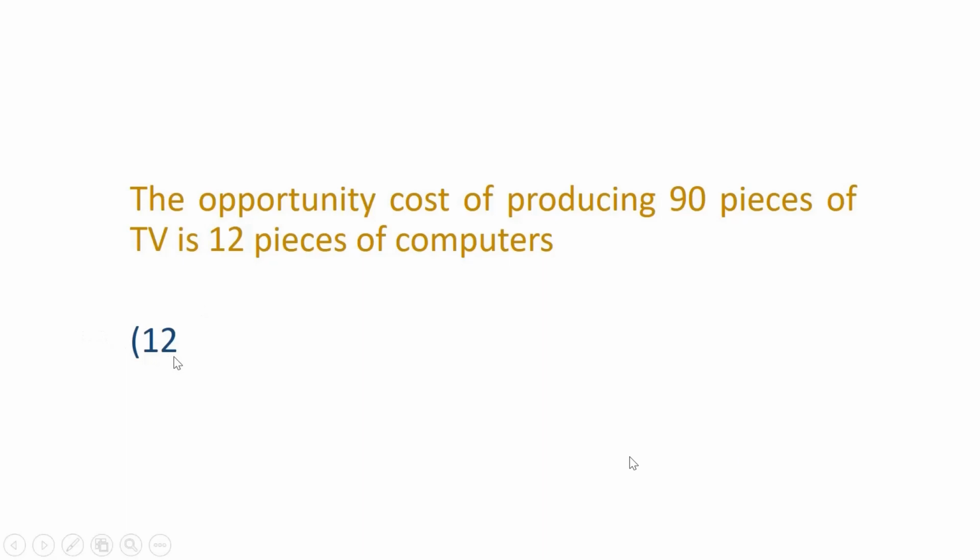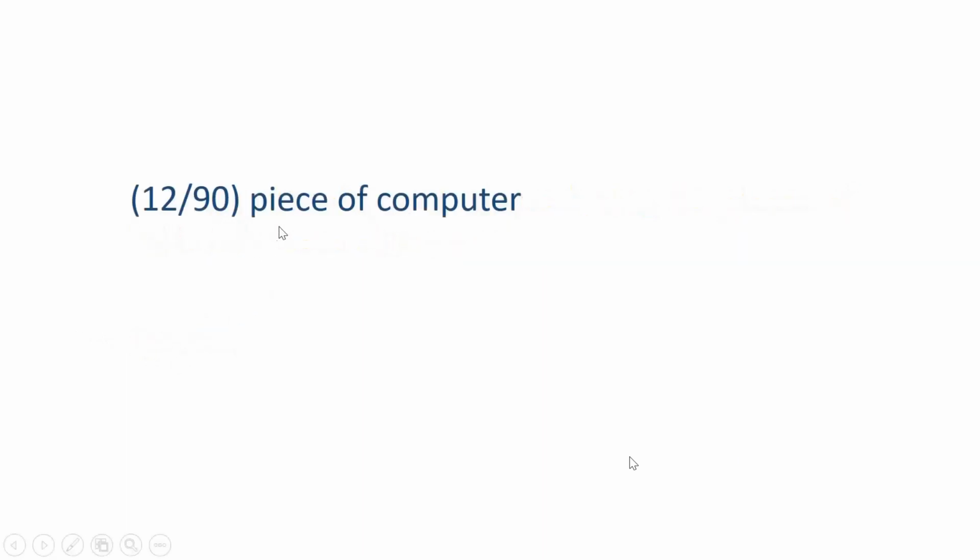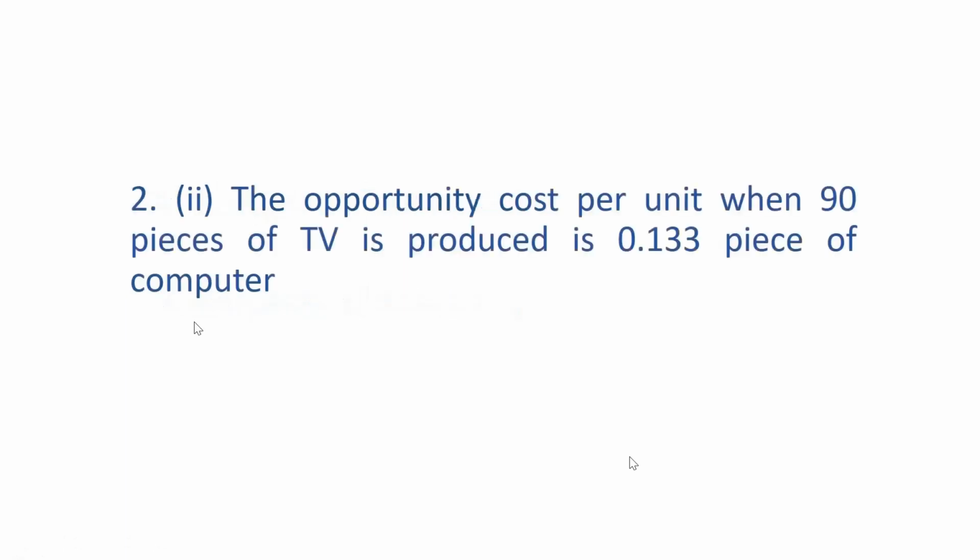Therefore, we have to divide the 12 by 90, and that will mean that we are spreading the cost for the units produced. By doing so, we are going to get 0.133 piece of computer, and that is the opportunity cost per unit when we produce 90 pieces of TV.